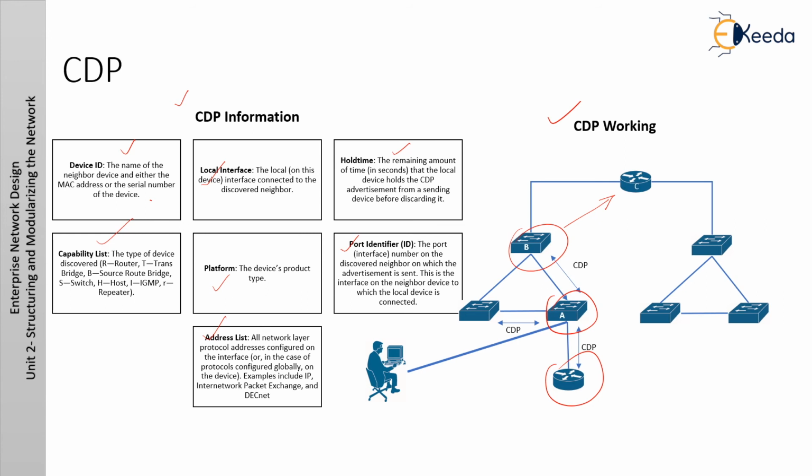CDP is enabled by default and operates on any operational interface. However, CDP can be disabled on an interface or globally on a device. Consequently, some caveats: do not run CDP on links that you do not want discovered, such as internet connections.